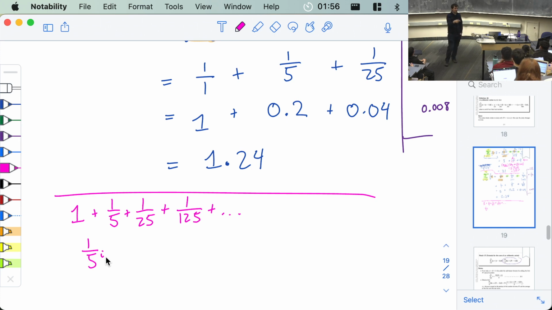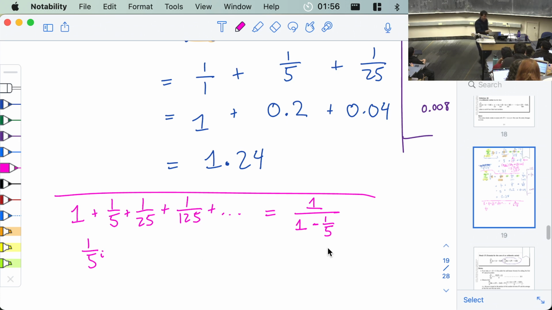Mr. Beast is trying to give us $1, but he gives us $1, and then he has to pay the tax, which is a fifth in this case, and then he has to pay tax on the tax, and so on and so on. And we saw, how do you do this? Well, the answer is just give me $1 and then give me enough money to pay for the tax. You do 1 minus 1/5, and that dividing is exactly the right solving.